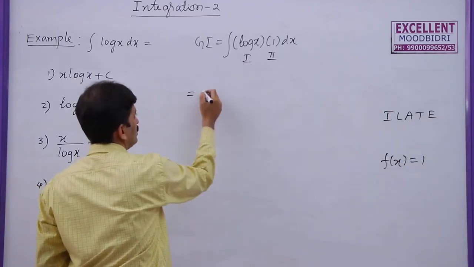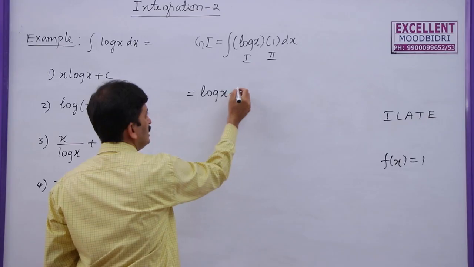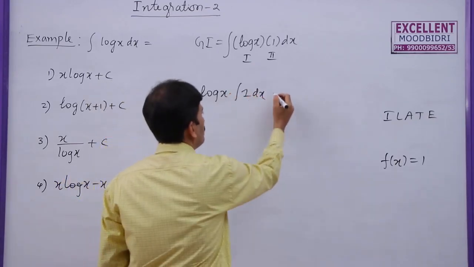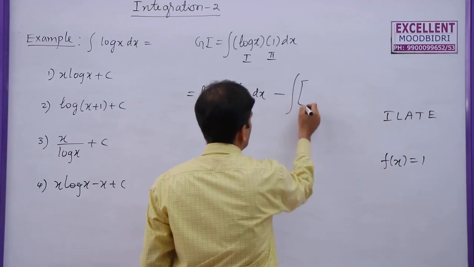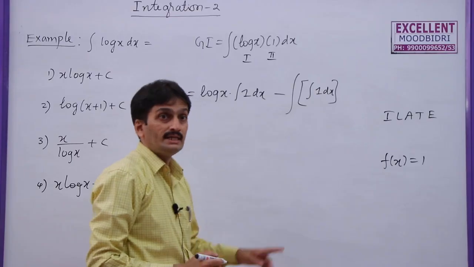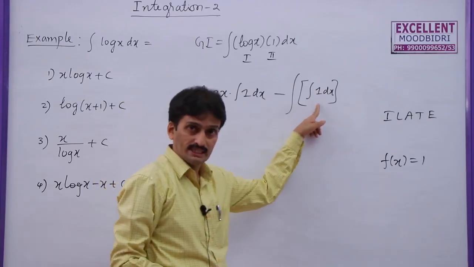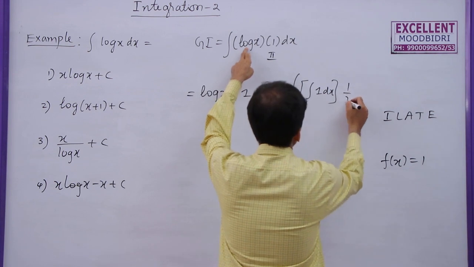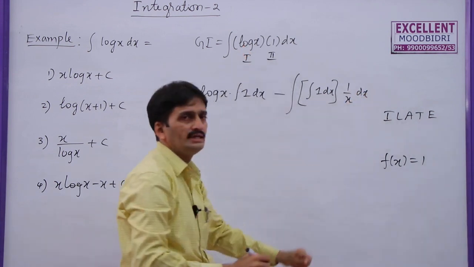First function log x into integral of second, integral of 1 dx, minus integral of, again integral of second, integral of 1 dx, into derivative of first function. Derivative of log x is 1 by x dx.